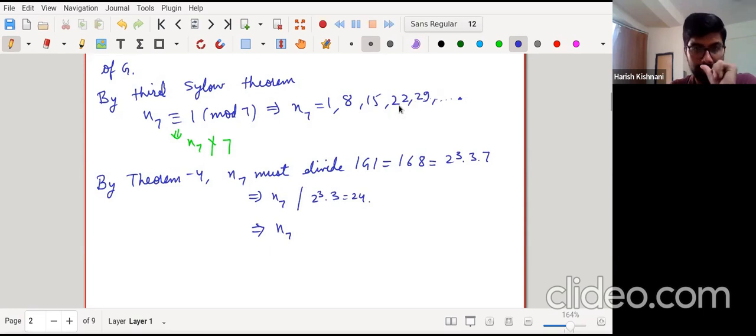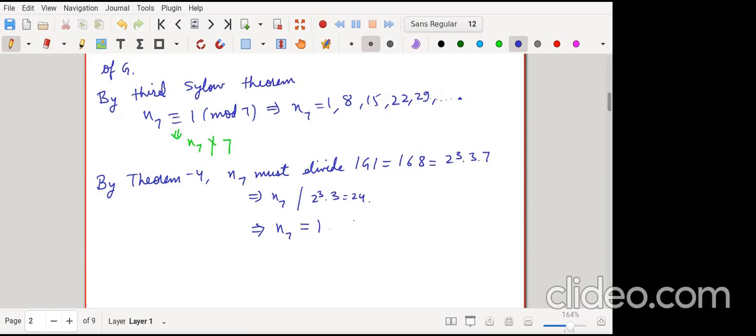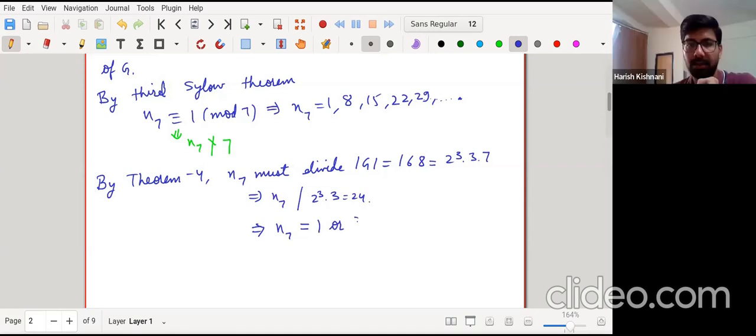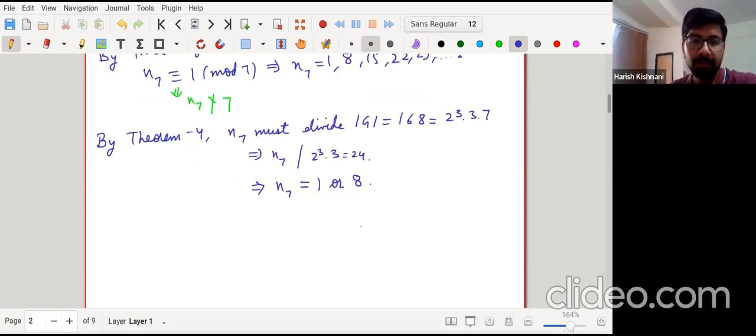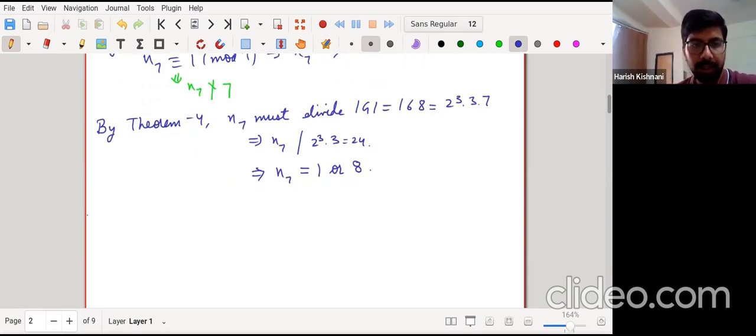And out of these numbers, what are the divisors of 24? 1 and 8. That's it, right? 1 and 8. So still we are left with two choices. So let's first see what happens if n7 is 1.